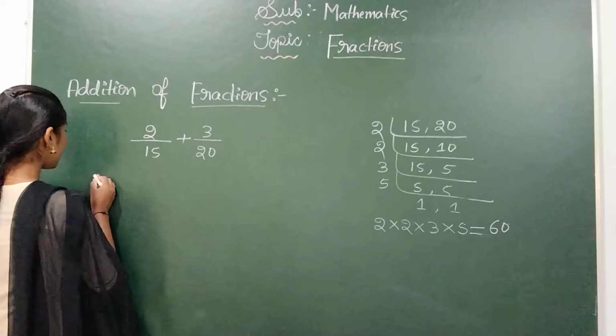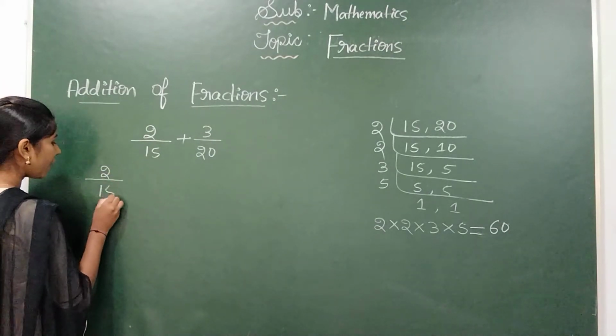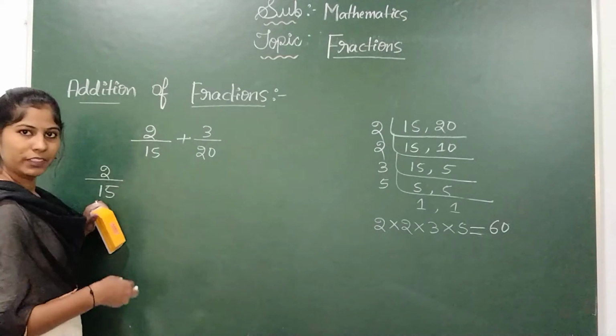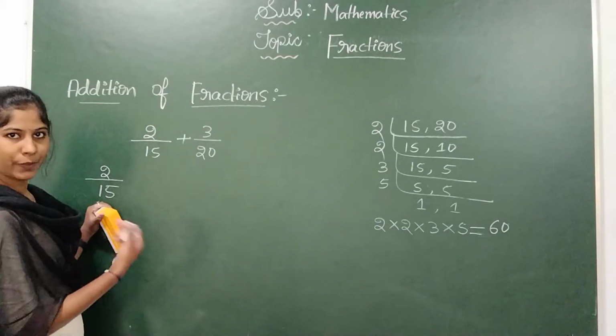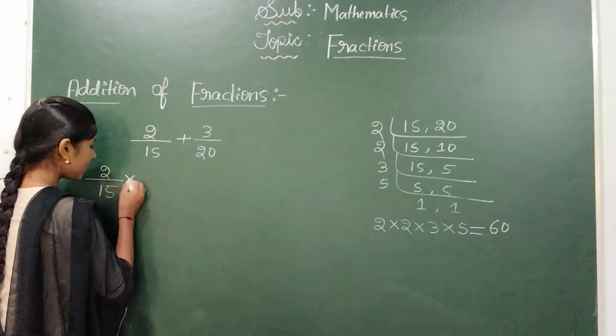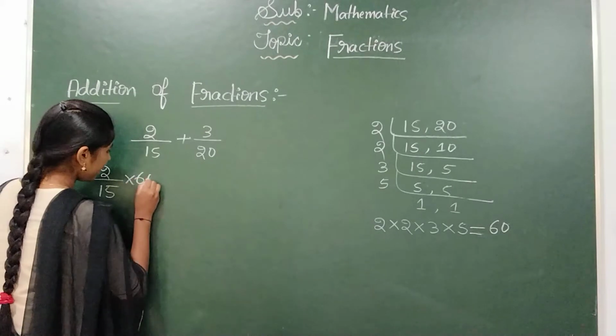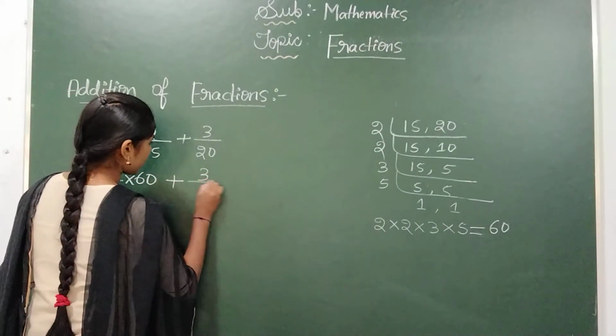So the next step is to multiply. You can find it with another method also, and I will give you this method. It is very easy to find the answer. Multiply this 60 to both of the fractions.